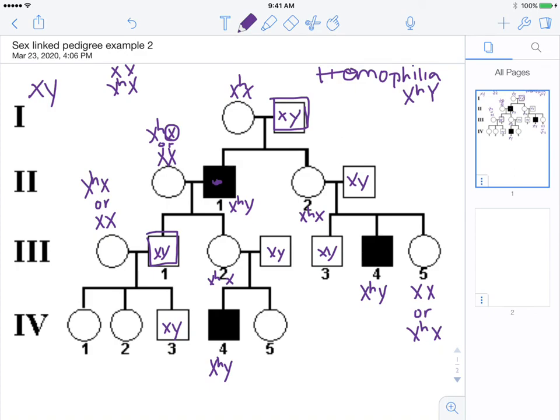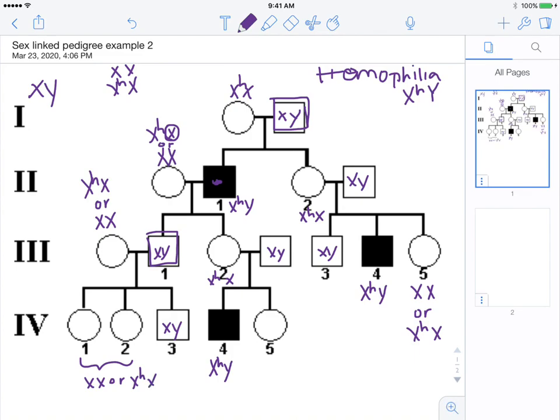We know she doesn't show the trait. Those are the two possibilities. She doesn't have any offspring with the trait, so there's a good chance that she's XX, but we don't know for sure. And then the same would go for her two daughters here in generation 4, person 1 and person 2. So these guys would both be XX or XHX.